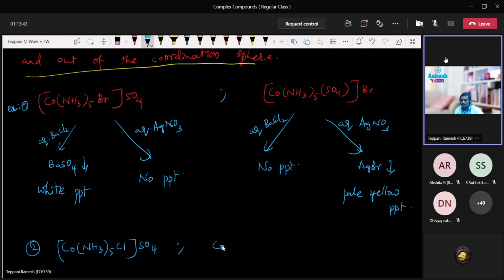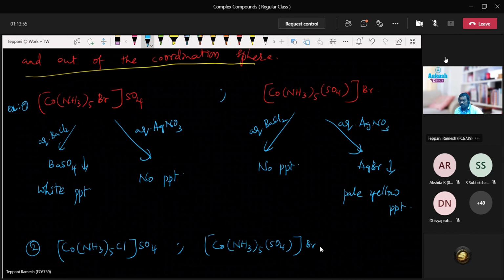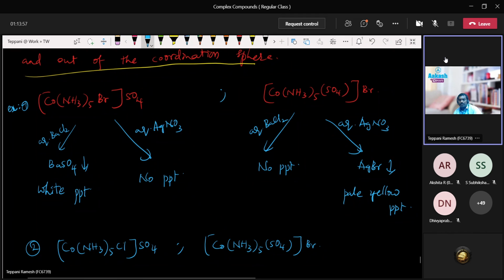Another example came. Furthermore, cobalt plus chromium you keep. Further examples, ammonia plus water you keep. Any number of examples very easily you can write. You need not memorize the examples.